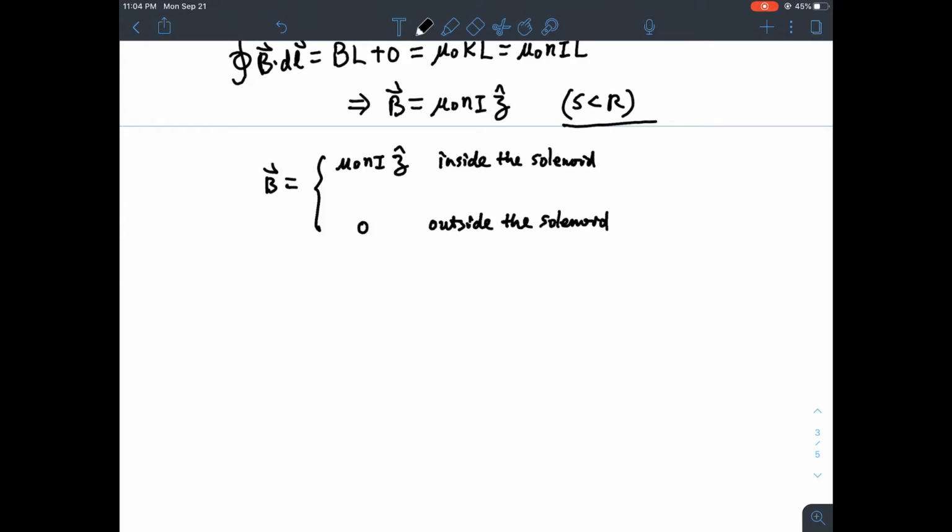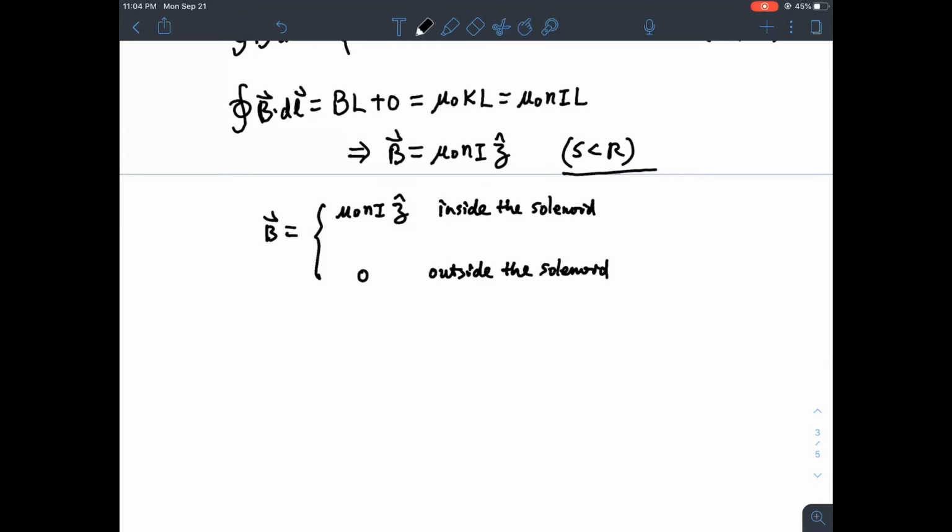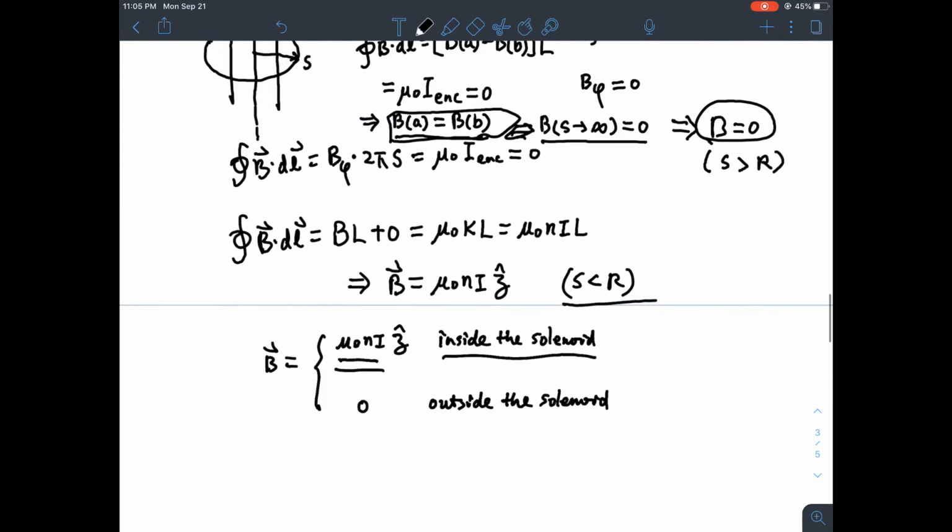You can also see that inside, it's pointing along the axis of this solenoid, the axis of the cylinder. You also find that this value is a constant. Mu 0 is constant, n is constant, I is also constant. So inside this solenoid, the magnetic field is uniform. It doesn't depend on the distance from the axis.